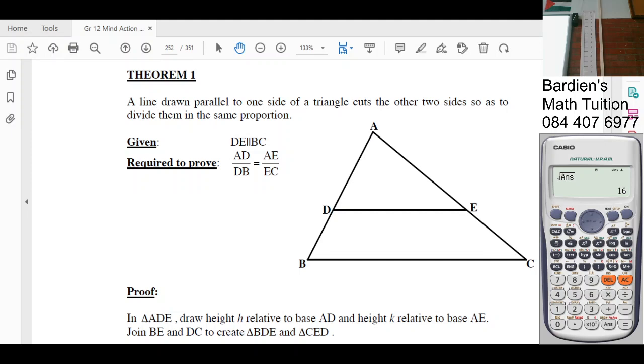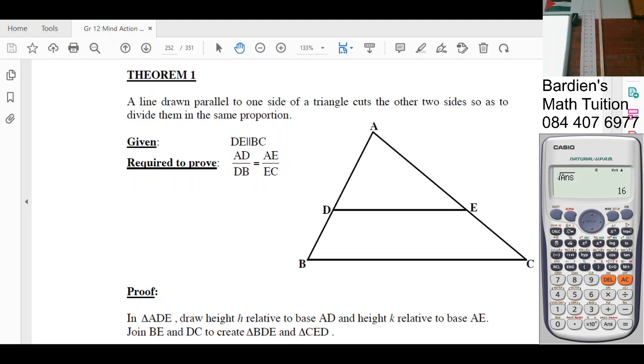What do you notice about that? The same. Not so? Because ADE is that triangle and AED is the same triangle. So those two are the same triangle. So if I can prove that the denominator triangles are the same, I've done the job.